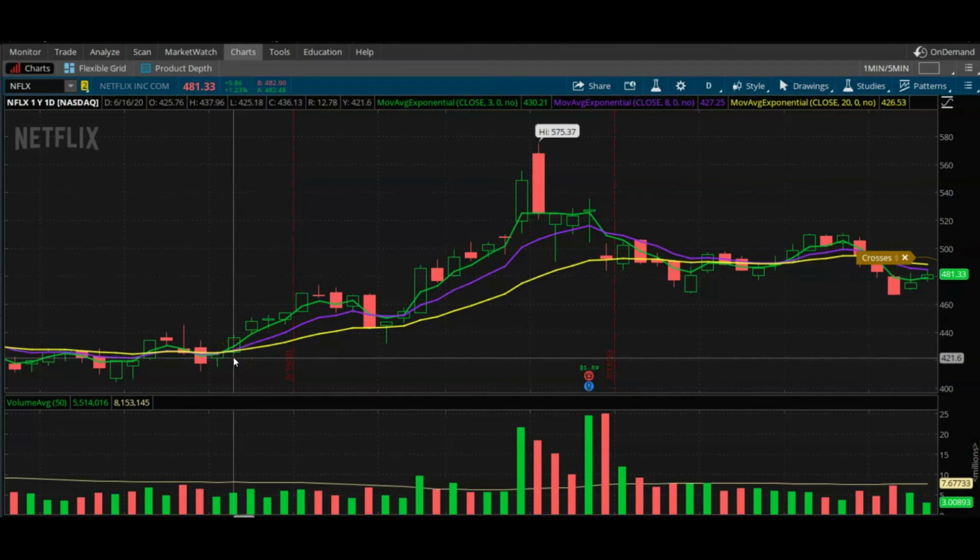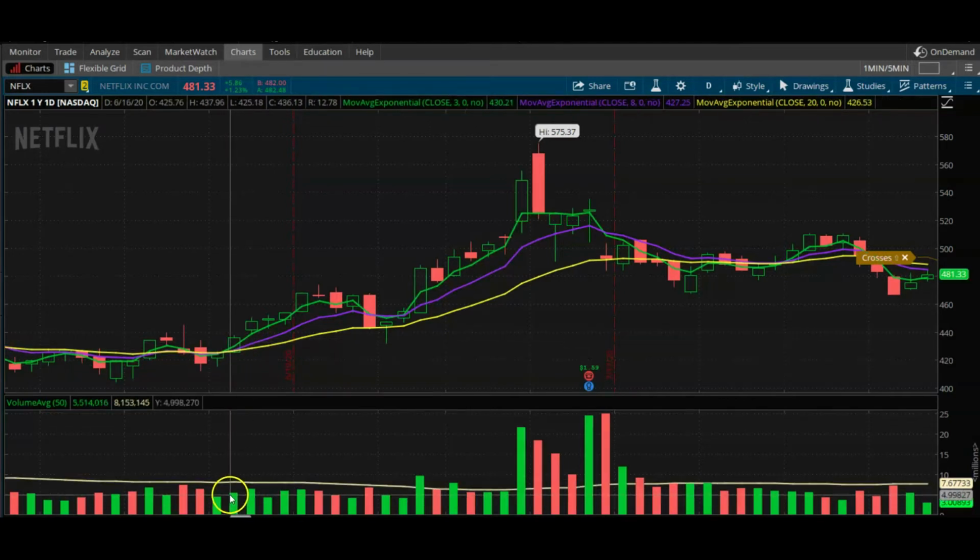All this shows is when price action was moving from the bottom of this candle to the top of this candle, volume fell below the average 50-day volume. And right here, volume has exceeded the 50-day moving average.